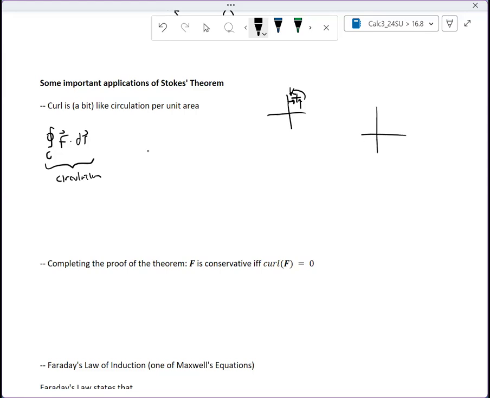So if I have some curve, and if my field is kind of tending to go along with the curve, I would expect, this is called a circulation because it kind of feels like we're circling around something, like we're creating a vortex or something like that. So this is called the circulation. And by Stokes' theorem, this is the double integral over S of curl of F dot dS, but I can say that that's dot n hat dS.